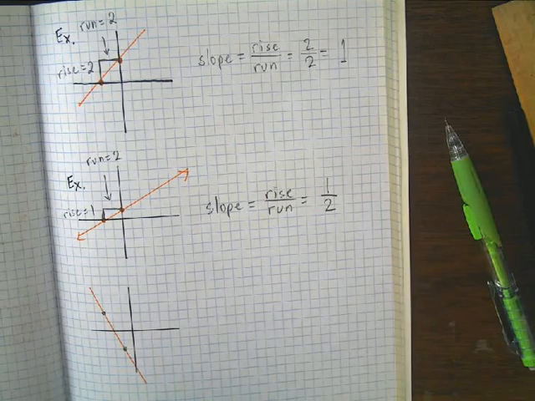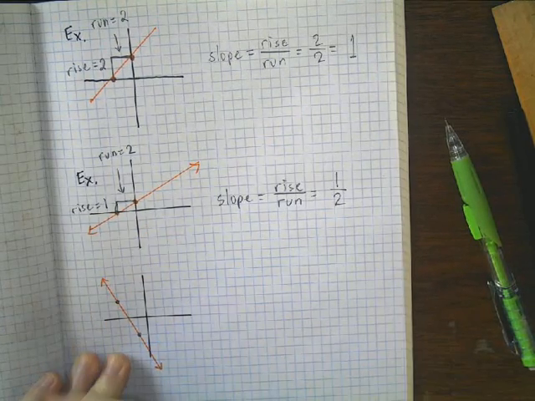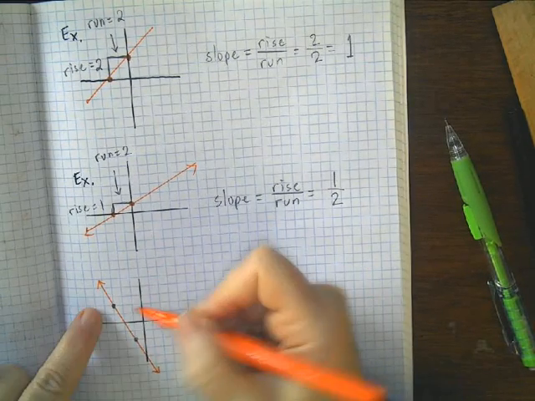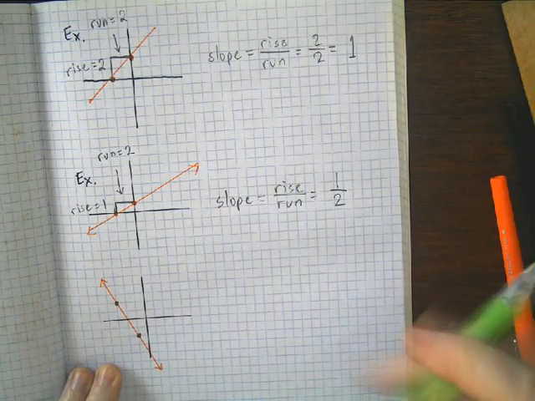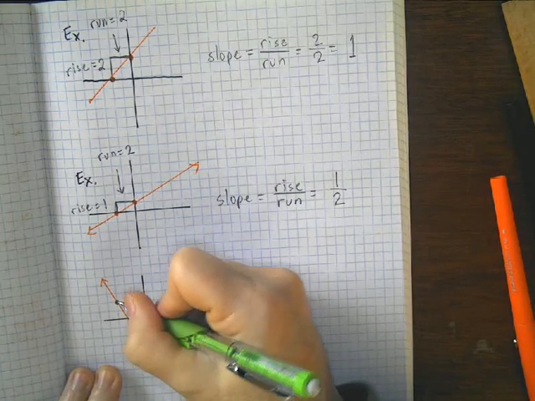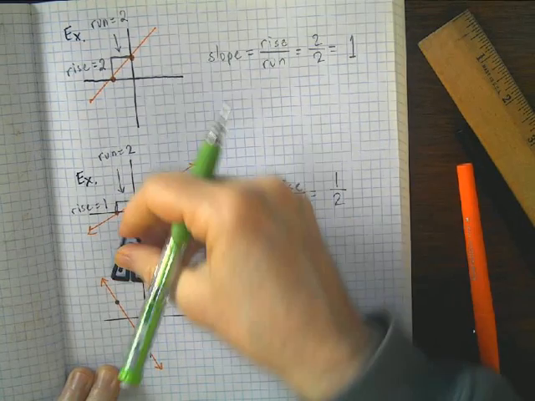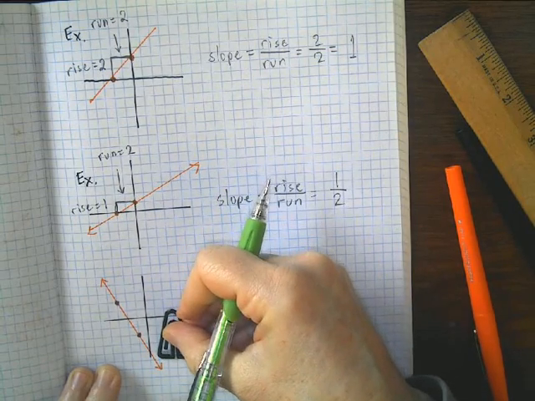So here's my line. If I want to find the slope, I can start at one point on the left and move to the right. Well, notice this time I have to go down. As I move from the left to the right, my slope is decreasing. It's going down. This one is decreasing.